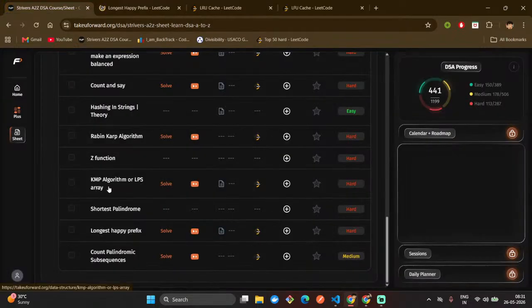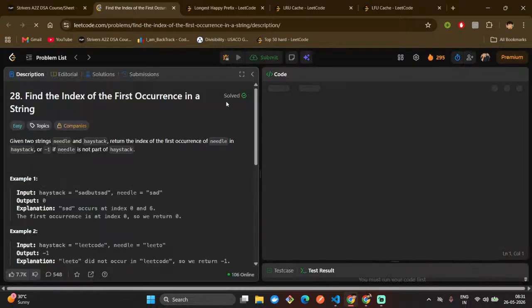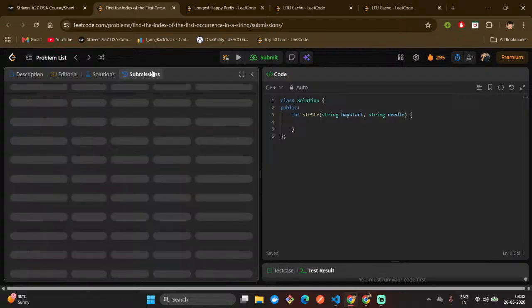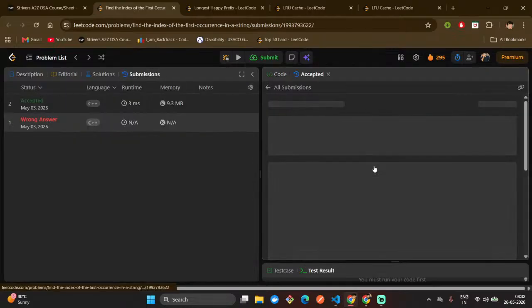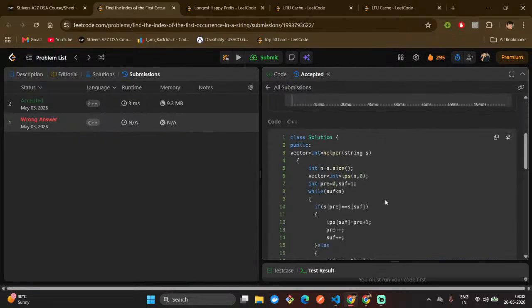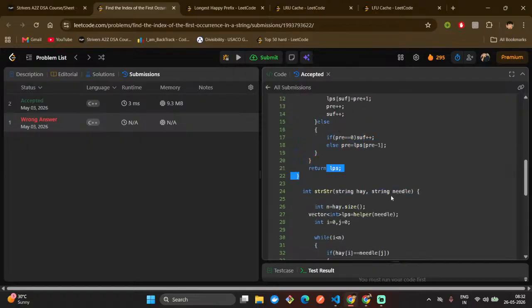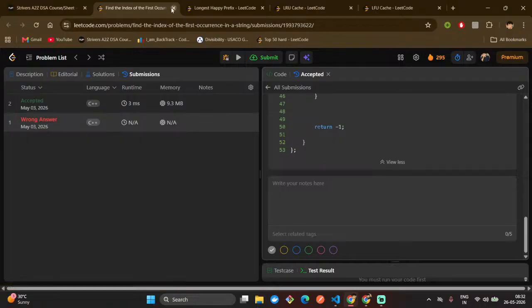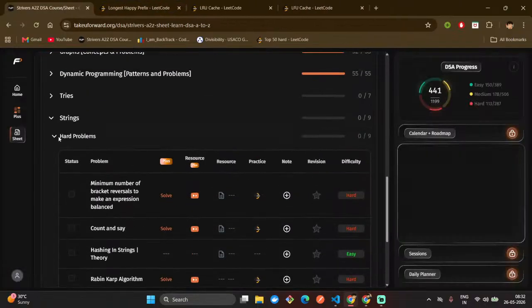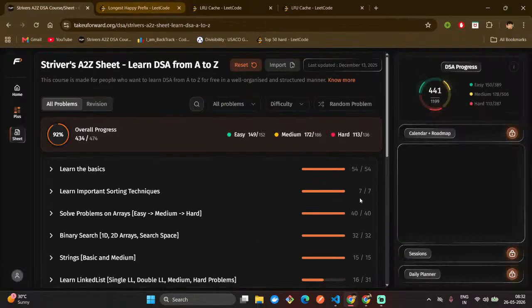Yeah, but I think this I solved, using the KMP LPS algorithm. Right, this is the LPS. Yeah, I solved this problem with the LPS. So that's it for today.